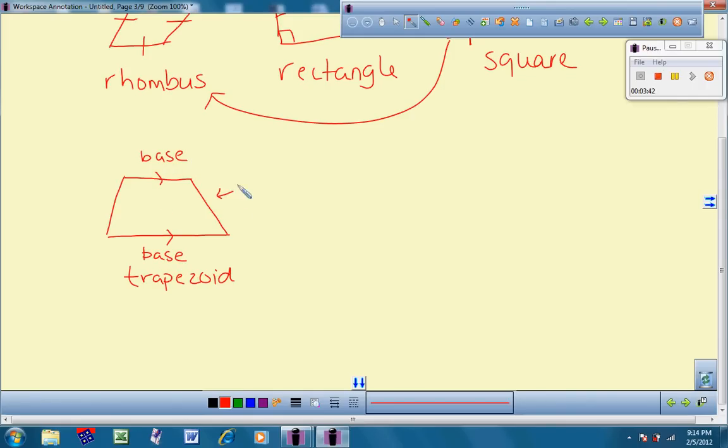The other 2 sides are called the legs. A trapezoid only has 1 pair of parallel sides. If we have a trapezoid, which has 1 pair of parallel sides, and the legs are congruent, then what we have is an isosceles trapezoid.